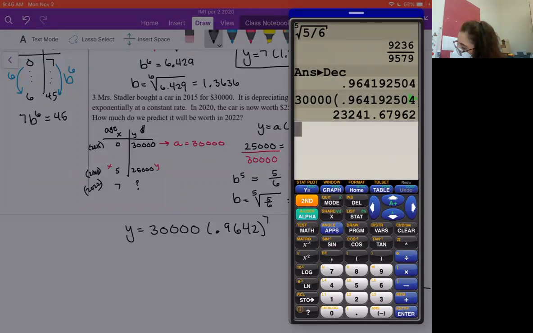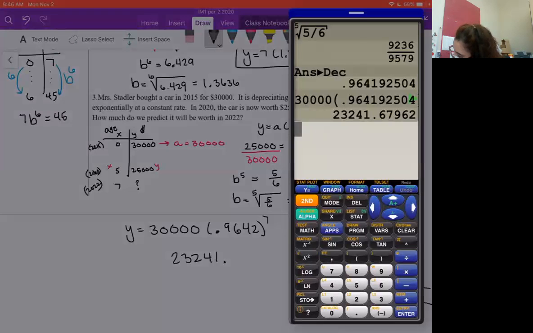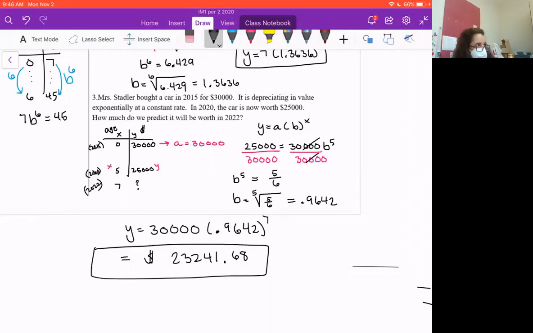So in 2022, I predict my car will be worth $23,241.68. So $23,241. And now I forgot the cents, 68 cents. Okay. So there is our prediction based off of our exponential model of what's been going on so far.